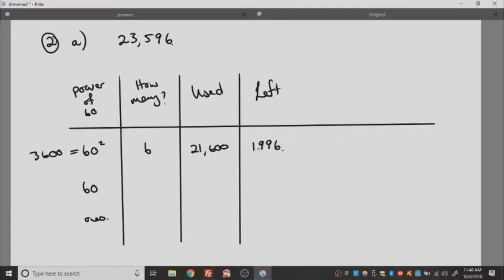I still have to fit that in somewhere. And the 60s can fit that in. How many 60s can go in there? 33. 33 times 60 is what I've used of that 1,996.